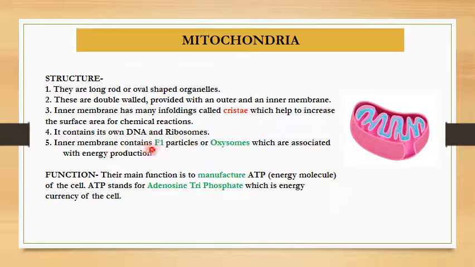Inner membrane contains F1 particles or oxysomes which are associated with energy production. Function. Their main function is to manufacture ATP, which is an energy molecule of the cell. ATP stands for adenosine triphosphate, which is energy currency of the cell.